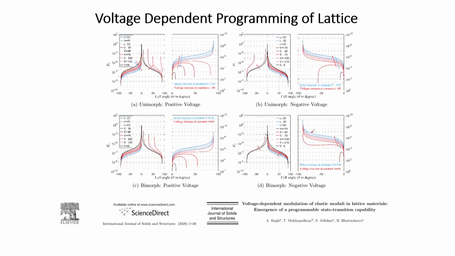Like you can see here, with the application of voltage, you change the stiffness from 10 to the power minus 8 to something like 1000 or so gigapascal. So, there is a huge change that you can do. You can do it in unimorph, you can do it in bimorph. In one of our papers we have talked about how this technology can be done, and in the class we will gradually learn at least some of these techniques.